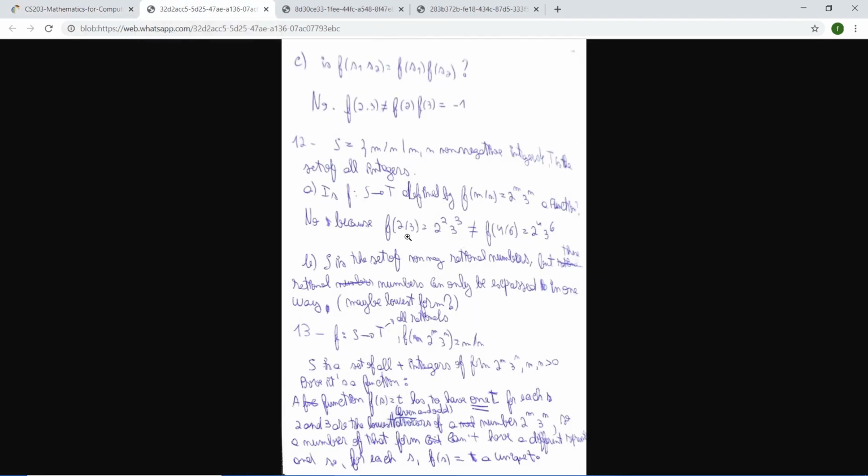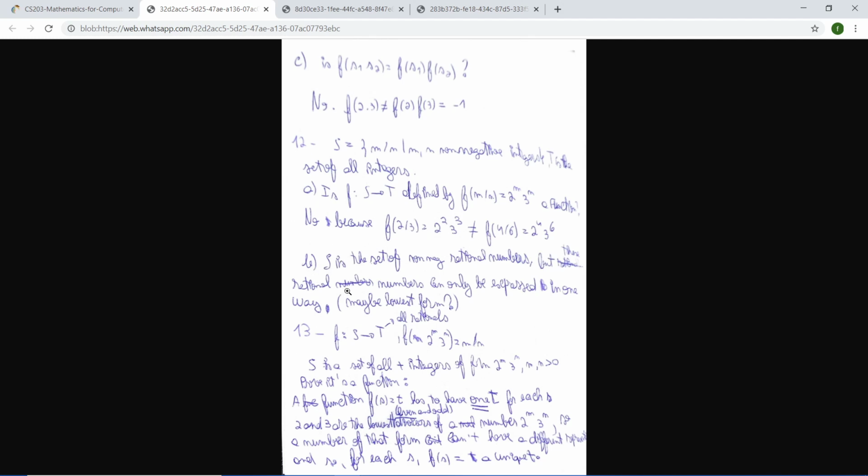So exercise 12, it asks if it's a function, and I say that it isn't because 2/3 is the same as 4/6, and the function wouldn't return the same value for these numbers.